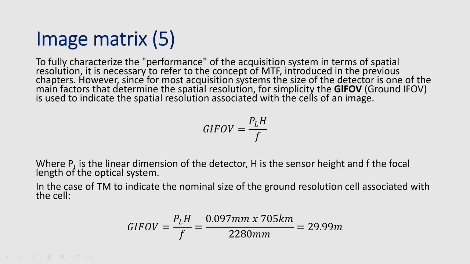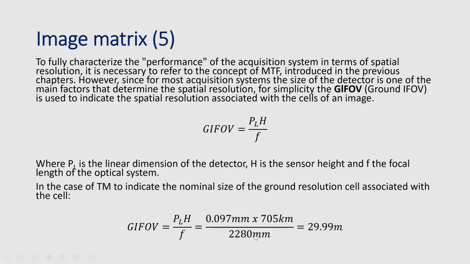But you see that the linear dimension of the detector of the TM sensor is 0.097 millimeters. The orbital height is more or less 700 kilometers, while the focal length of the sensor is more than 2 meters, you see.